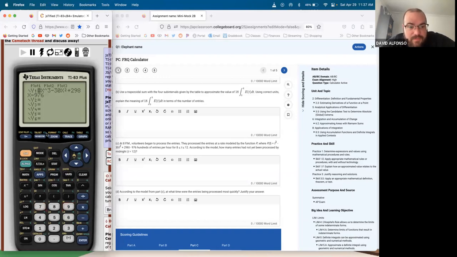That's the function. Because this is from 8 to 12, I'm going to set the window to 8 to 12. So I'm going to set the X values from 8 to 12. Pay attention to those domains so that when you set your window, you know only to look at that interval. Okay, so let's graph that.